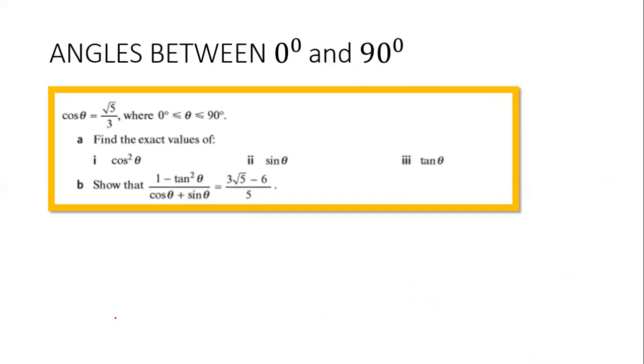I have a number. We are going to look at angles between 0 and 90, what we call the acute angles. Now I'm going to do only one, then the rest you do. When I look at cos theta equal to root 5 out of 3, what am I going to know? We know very well that cos squared theta means cos of theta times cos of theta.